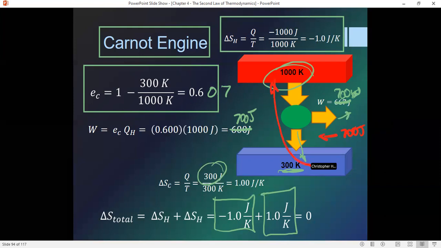So this would be a completely reversible process. And we know that as it is completely reversible, delta S is equal to 0. Now remember, the second law of thermodynamics says delta S has to be greater than or equal to 0. So the best we can hope for is a reversible process where delta S is equal to 0.